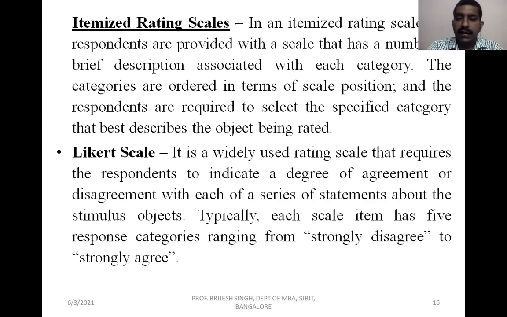Next is the Likert scale. It is a widely used rating scale, which most researchers, without fail, use most of the time. The beauty of the Likert scale is that it always gives good results for the researcher, and that is the only reason why most researchers always try to go for the Likert scale technique. Here, one stands for strongly disagree and five stands for strongly agree.